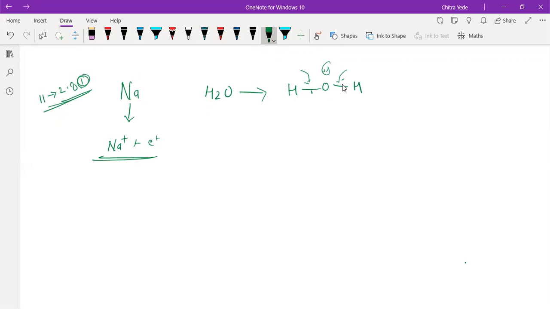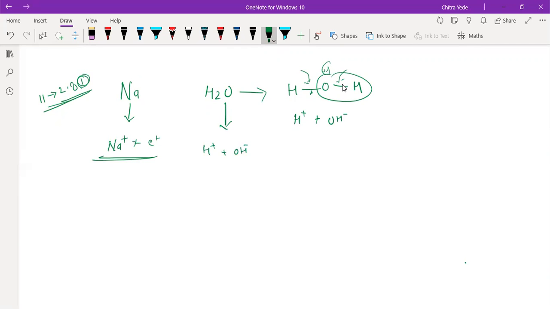Suppose this one breaks, then the water molecule separates into two parts, H positive ion and OH negative ion. So the water molecule will produce H positive ion and OH negative ion.